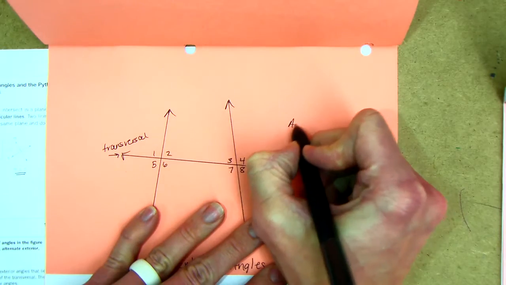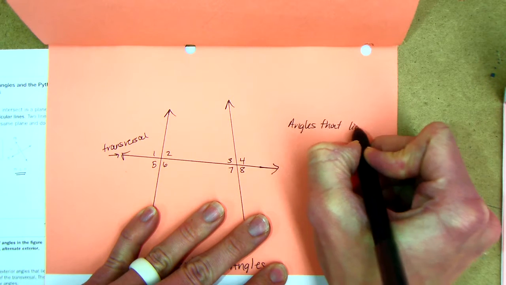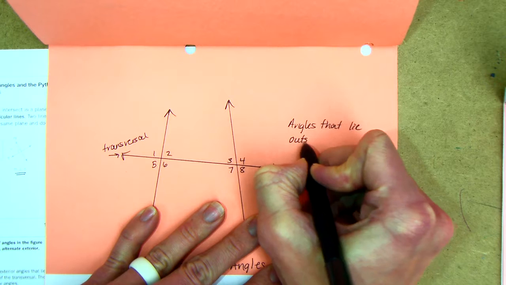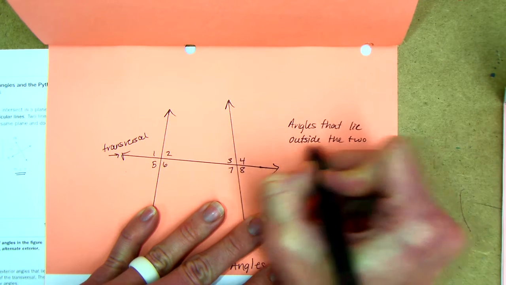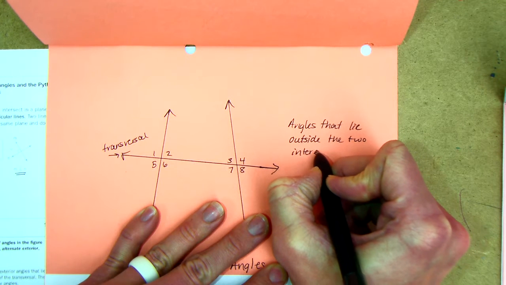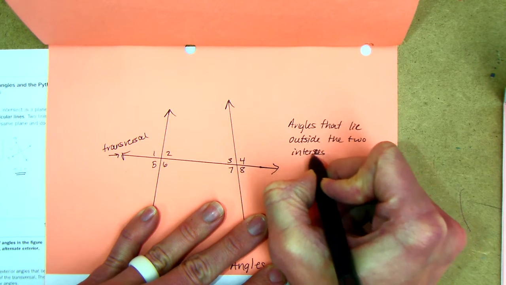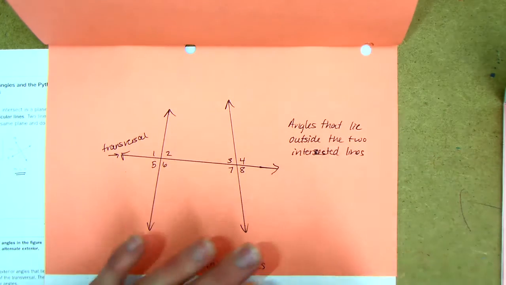Since you figured out that interior angles were the ones inside of the two lines, exterior angles are angles that lie outside the two intersected lines. I can't write very well.